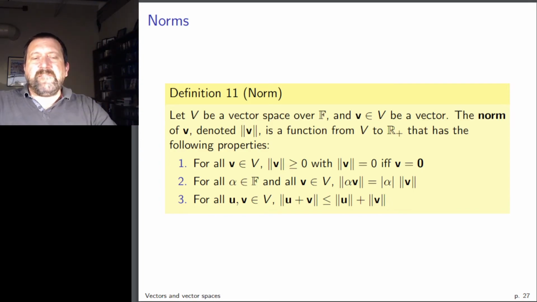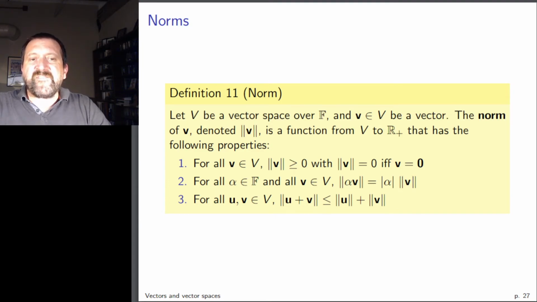For any vector V, the norm is a non-negative function, and it's equal to 0 if and only if the vector itself is 0. The second property is that when you multiply a vector by a scalar, alpha V, the norm of this multiplication is the modulus or the absolute value, depending on whether alpha is in C or in R, times the norm of the vector.